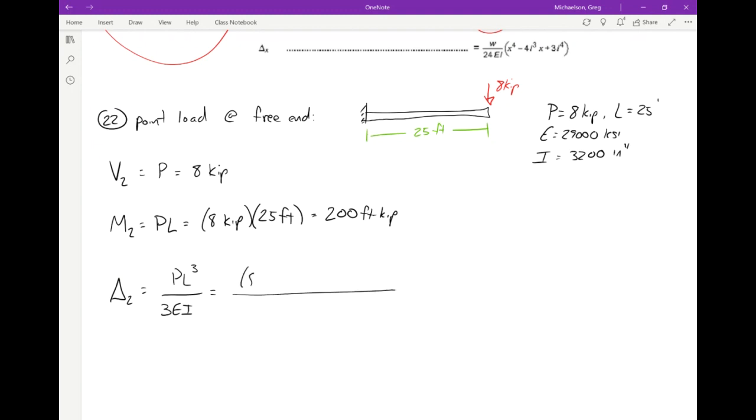So 8 kips, 25 feet cubed, over 3 times E times I.